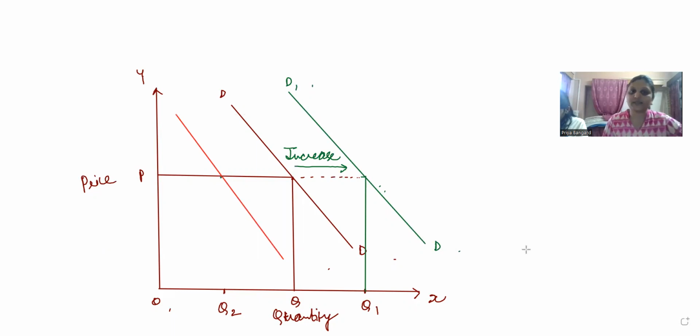So if you understand the concept, objective question answer करना easy है then. This is decrease. And the point is D2. So rightward shift in the same demand curve is increase in demand, price remains the same. Leftward shift on the demand curve, पूरा demand curve उठ के left में आ गया है. Price remains the same, it is decrease in demand. So rightward shift increase, leftward shift decrease, that should be registered in your mind.